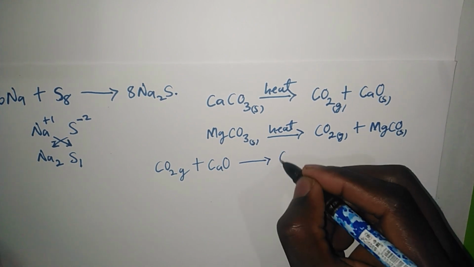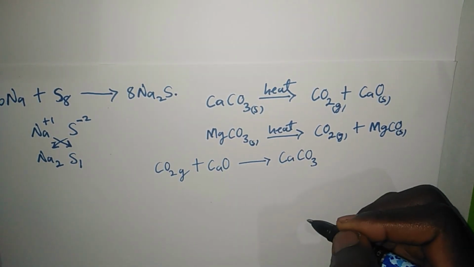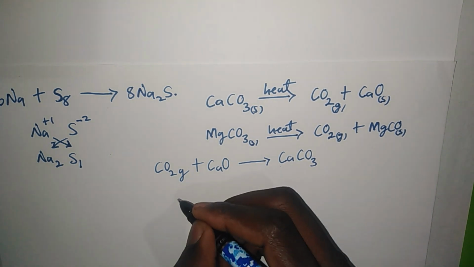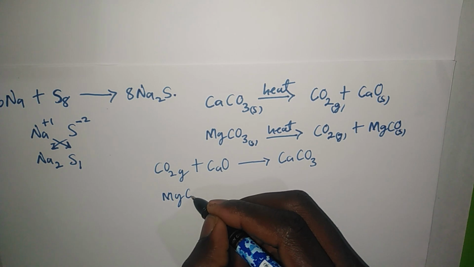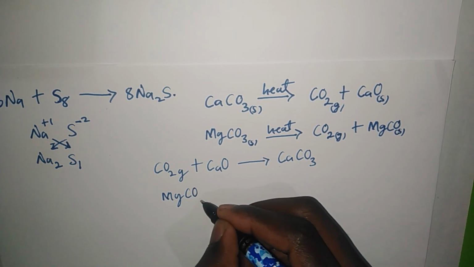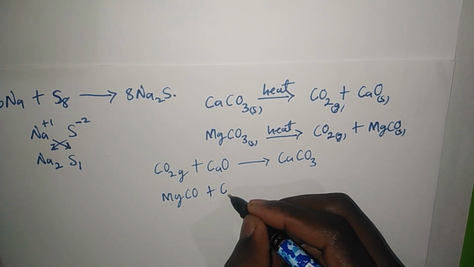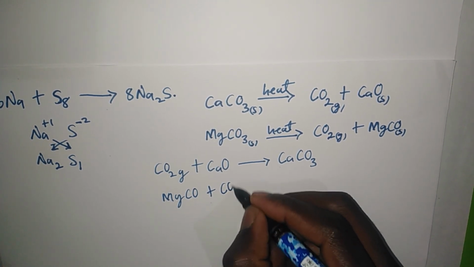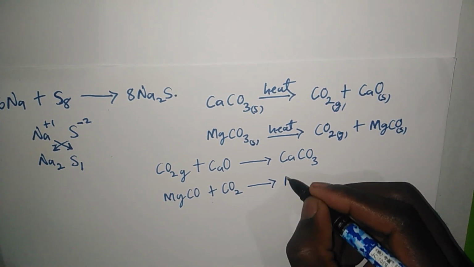What you're going to get is what? Calcium carbonate. Now, if we have magnesium oxide reacting with CO2, what you are going to have is going to be magnesium carbonate.